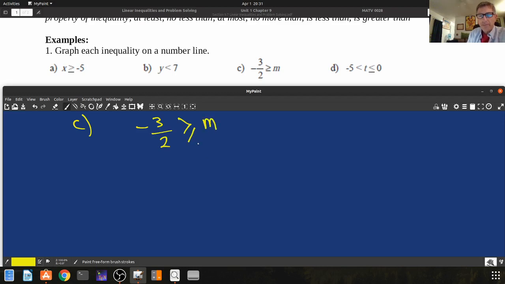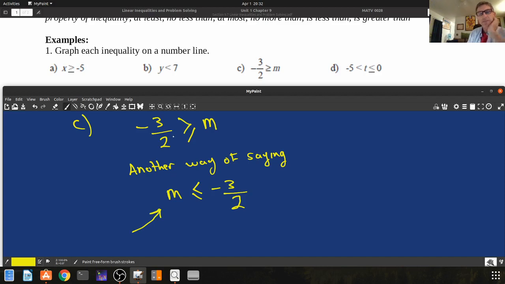So this is another way of saying, and it's good to be able to go back and forth, that m is less than or equal to minus 3/2. And this is what I will encourage you to do.